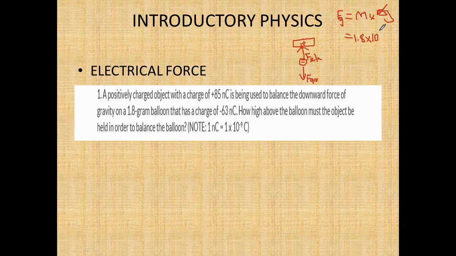You have to make sure your units are correct, otherwise your calculation is going to be off. So 10 to the minus 3 times g, and g is 9.8 meters per second squared.